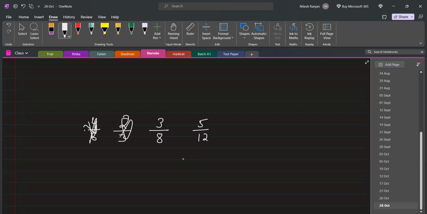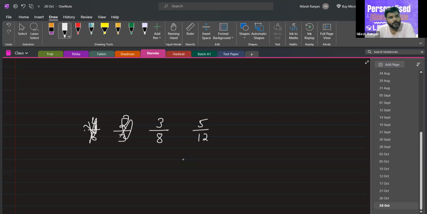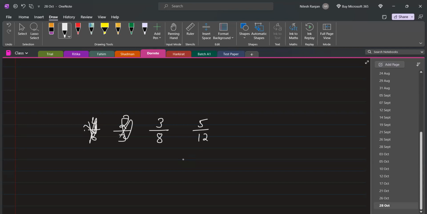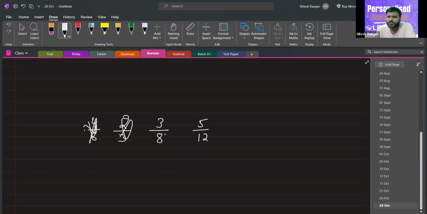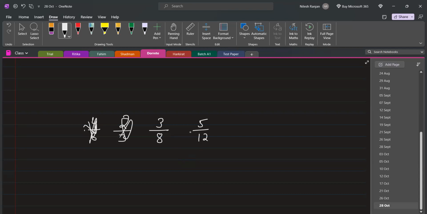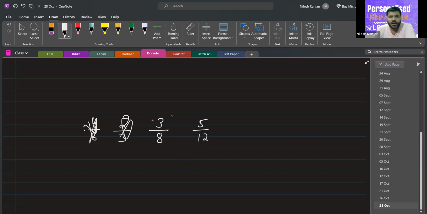I can't use my method, because in 8 table 12 is not there, in 12 table 8 is not there. I can't multiply. Yes, how will you do this?